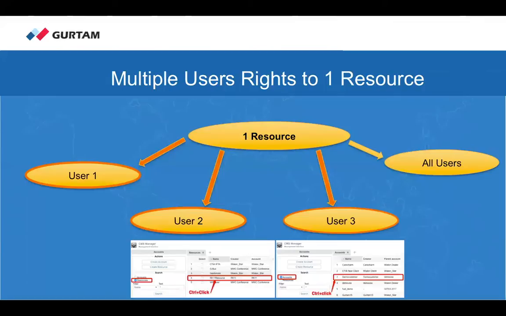But the main idea is that you do the access rights distribution this way only when you need to give multiple users the rights at the same time. And you need to do it only with one resource. You can do it in CMS only. This is why these two little screenshots show you the interface of CMS.